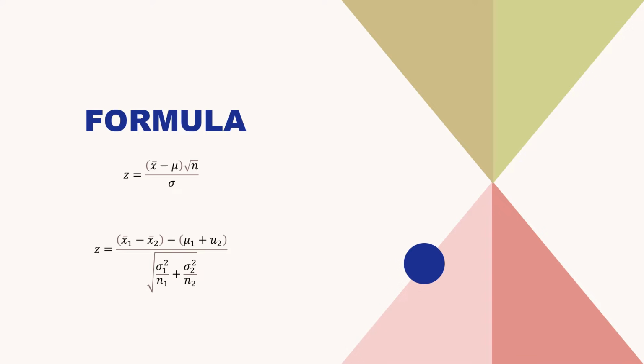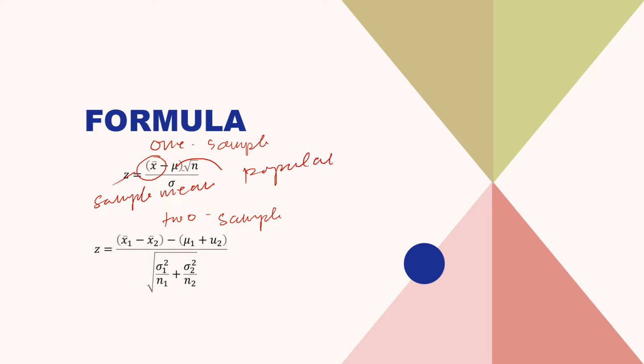Now, the formula for z-test is relatively simple. You have your one sample z-test and your two sample z-test. So again, let's just have a sort of a legend for our formula. You have your sample mean, then you have your population mean. For n, that would be your sample size.